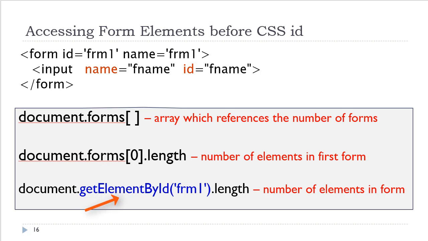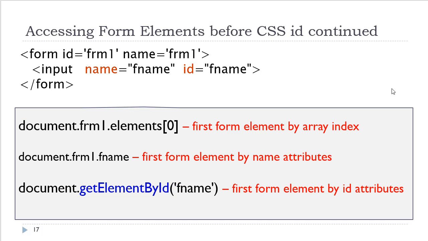All we need to do is say document.getElementById, the name of the form, .length. Again, there was no ID attribute in the early days of the web. Therefore, if you wanted to access a form element, this is how you had to do it, using the elements array.